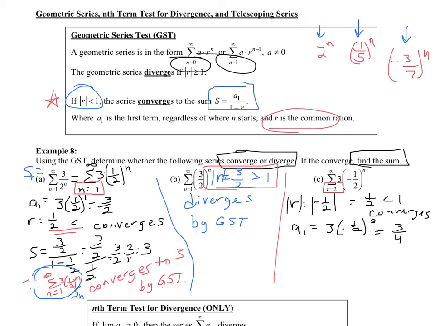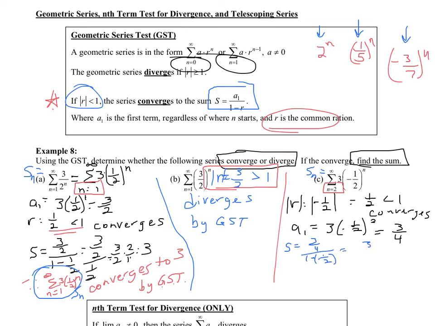All right, so I'm going to just say that I'm going to let S sub n be my series. So I'm going to go ahead and find out what the sum equals, and so that's 3/4 over 1 minus negative 1/2.